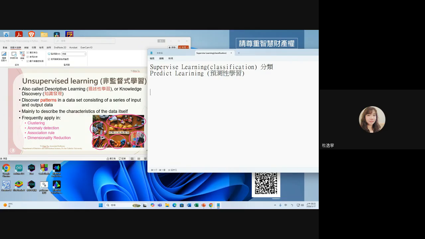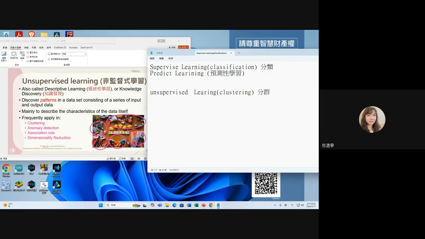This is supervised learning, but today we mentioned unsupervised learning. The most important is clustering. Is 分群, okay?